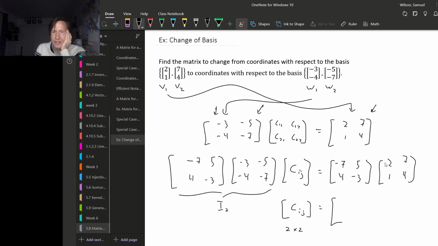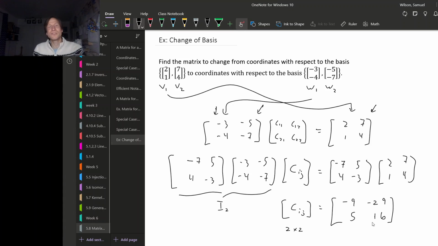So let's see, minus 14 plus 5 is minus 9, and then 8 minus 3 is 5, minus, oh boy, minus 49 plus 20 is minus 29, and then let's see, 28 minus 12 is 16. Okay, I hope I did that right.